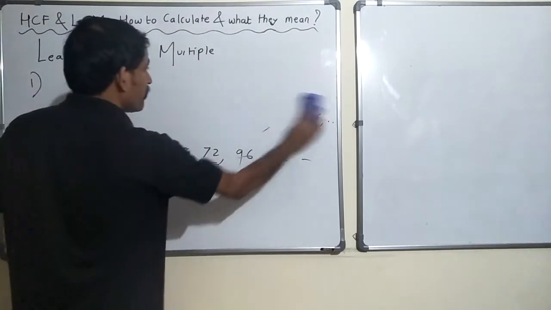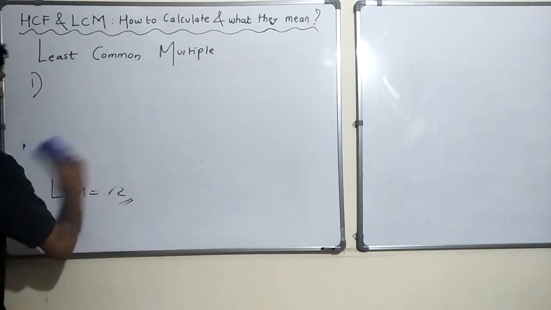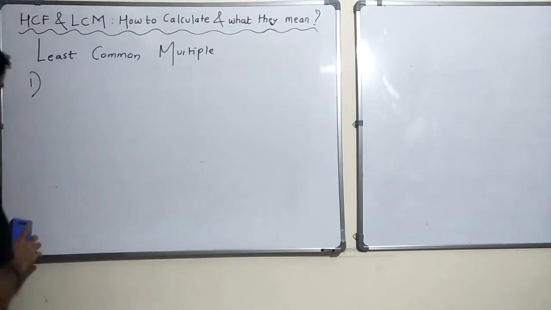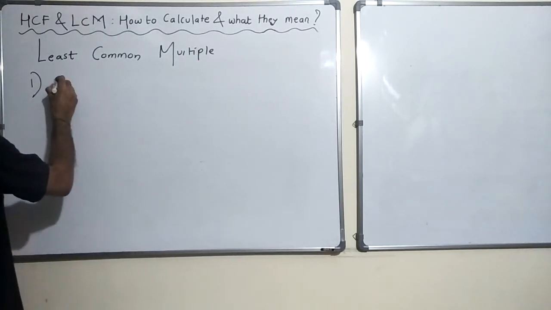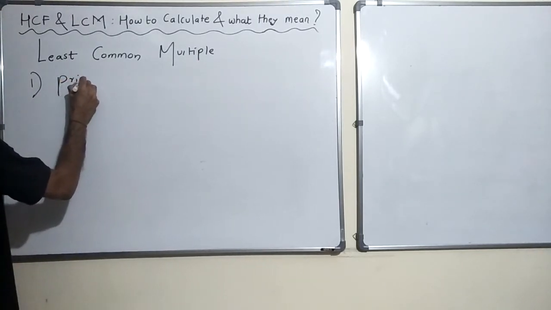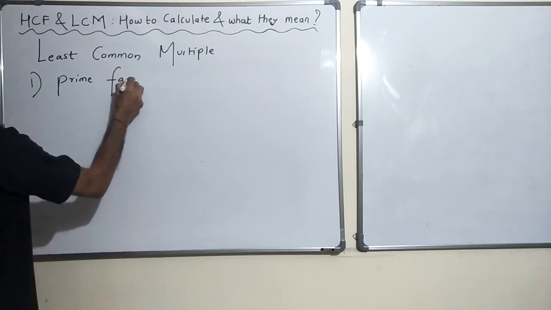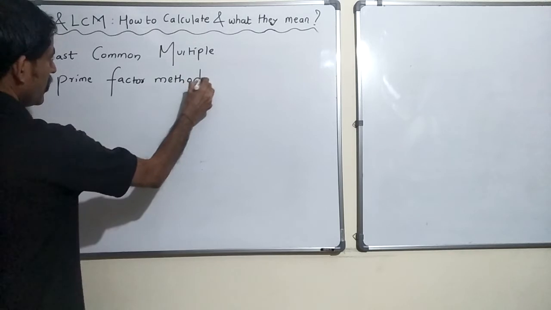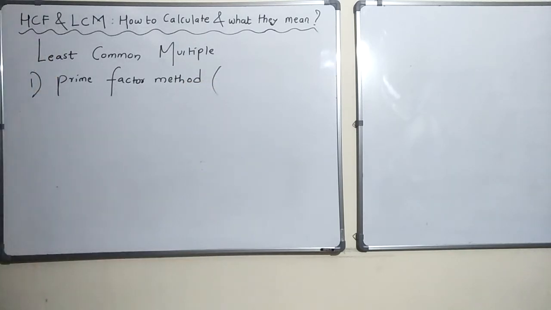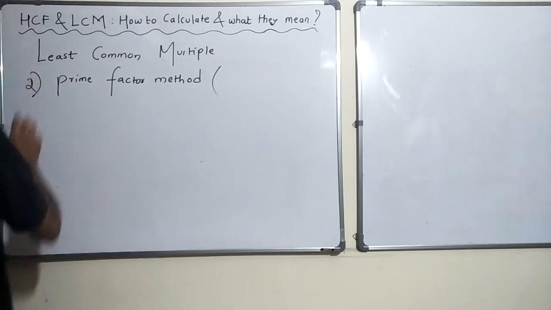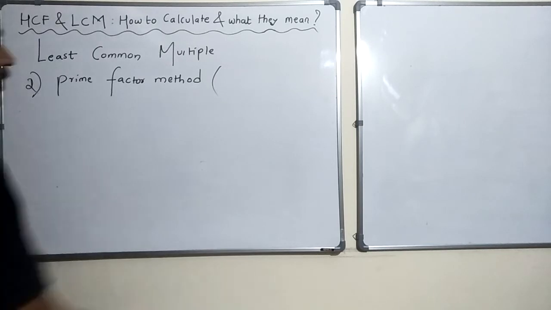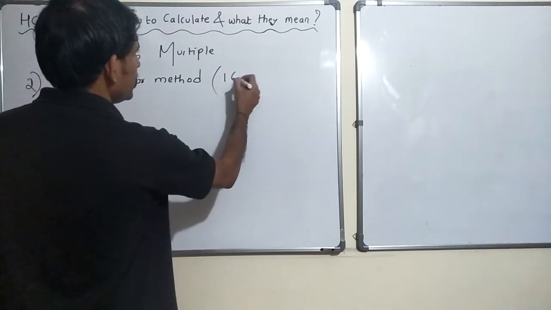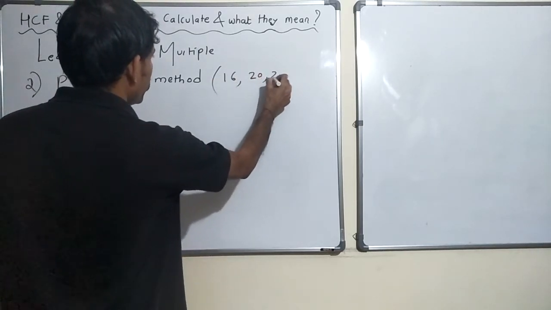Which is the prime factor method. So using the prime factor method, the second method, let's find out the LCM of 16, 20 and 24.